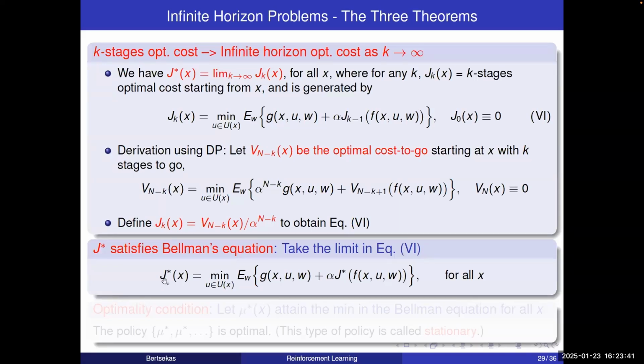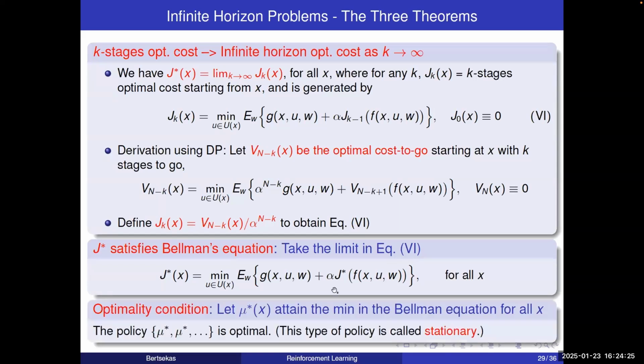Solving the original problem based on the definition of J star, for each x you solve this infinitely long minimization problem, trying to find among all the policies the best, and each policy is a sequence of functions. That's not easy. However, since we assume that the optimal cost satisfies Bellman's equation, we can instead solve Bellman's equation, which is 10 scalar equations, a 10 dimension equation. So it becomes a finite dimension object we want to solve. That's much easier, right? So that's the significance of this result.